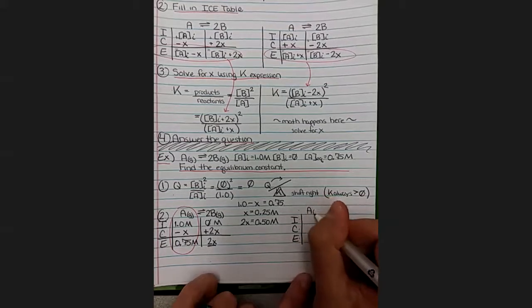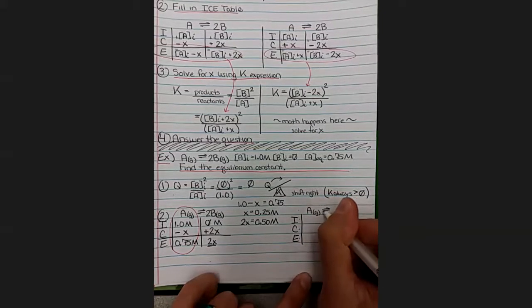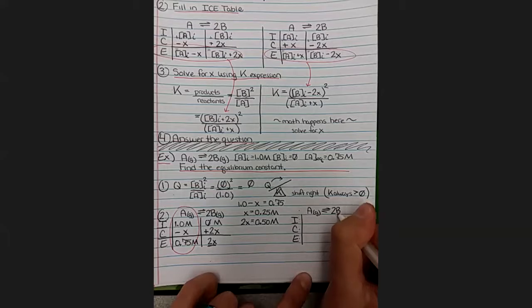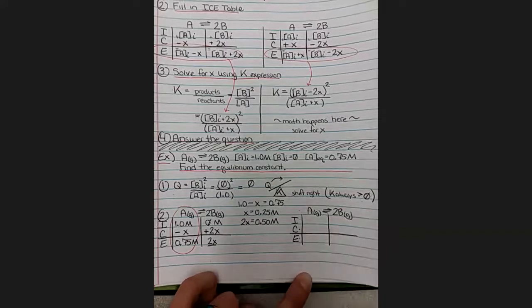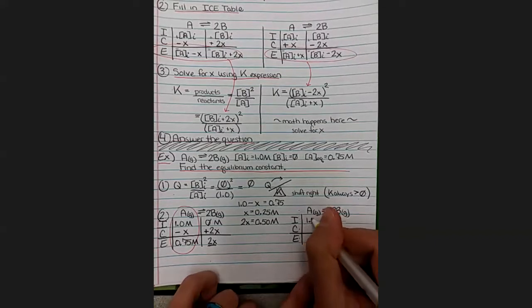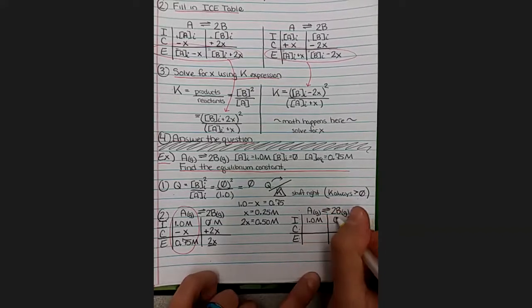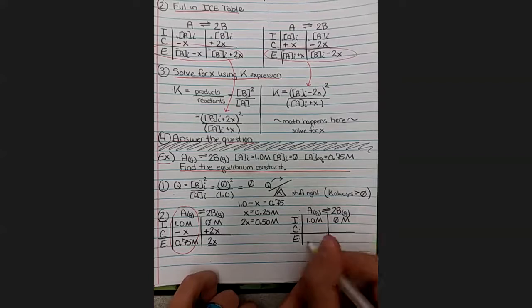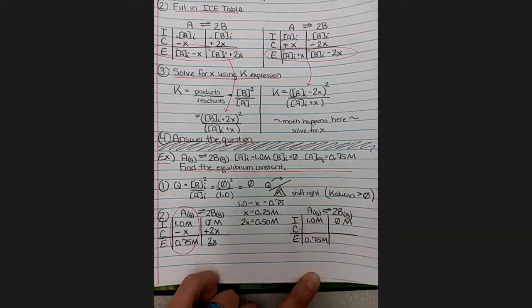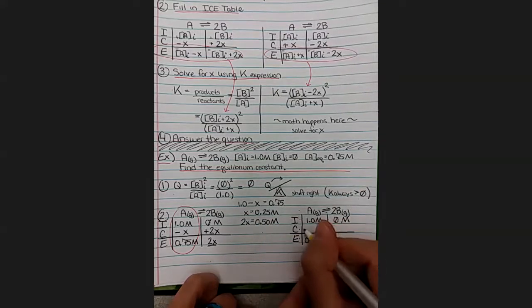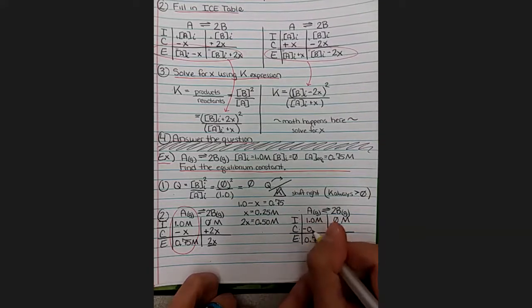ICE along the left, the reaction along the top, reactants divided from products, I plus C equals E. We fill in the numbers that we knew before: we knew about the 1, we knew about 0, we knew about 0.75 molar, and now we can fill in the rest. We know X is equal to 0.25, so the change is going to be minus 0.25 molar.